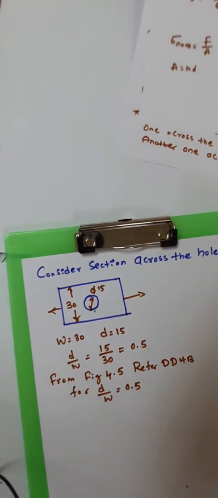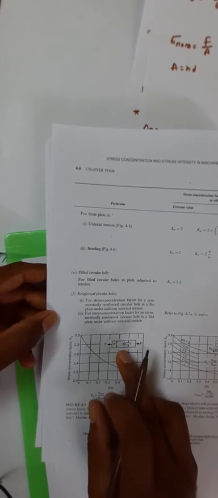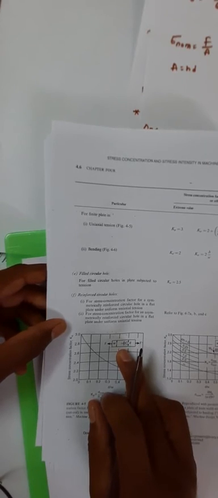Now I will show you how to take the value from figure number 4.5 in the design data handbook, with respect to the D by W ratio. This is a graph we have, K sigma maximum with nominal, for the cross section considering the hole, where the plate is subjected to an axial force.